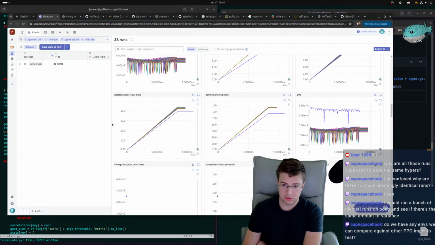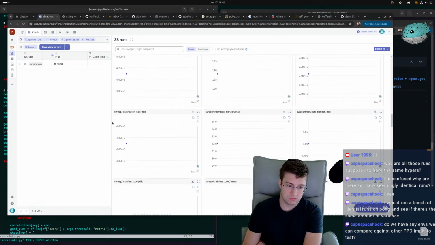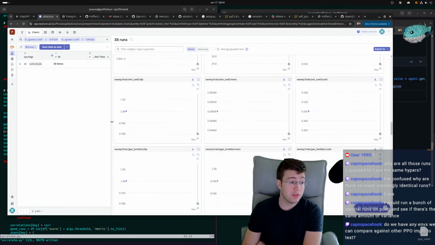We can definitely do the Pong runs next. Do we have any envs that can compare? Yeah, certainly. It's just that the other implementations are way slower. I mean, we've done this over various times in the past, right?